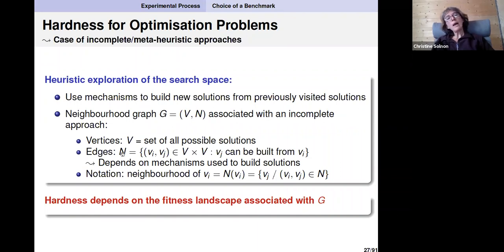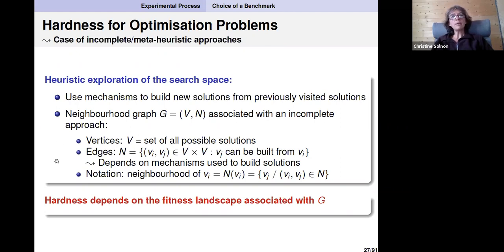And then we have an edge between two solutions if we can build one from the other using the mechanisms of our specific meta-heuristic. For example, if we have a local search approach, then these mechanisms are the moves which allow us to move from a solution to another one. So this is the definition of the neighborhood graph.